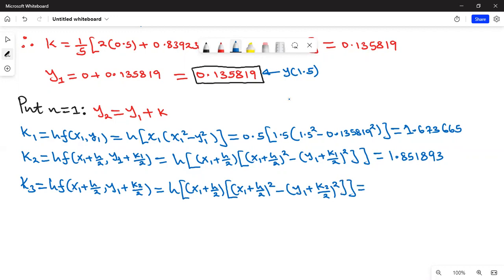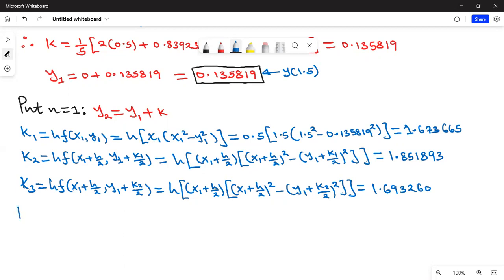Substitute the values of x1, y1, h and k2. Press in your calculator. That will give you k3 equal to 1.693260.